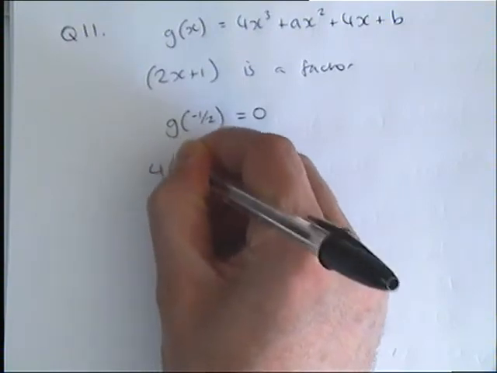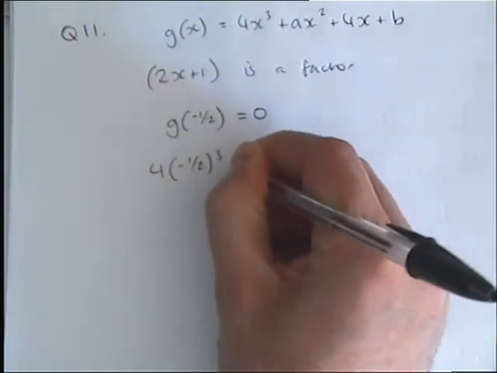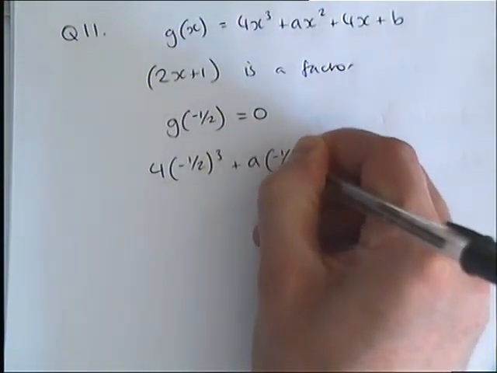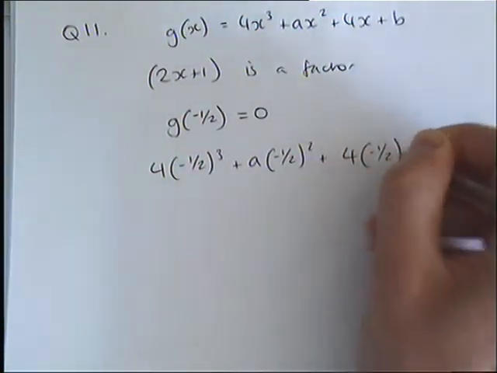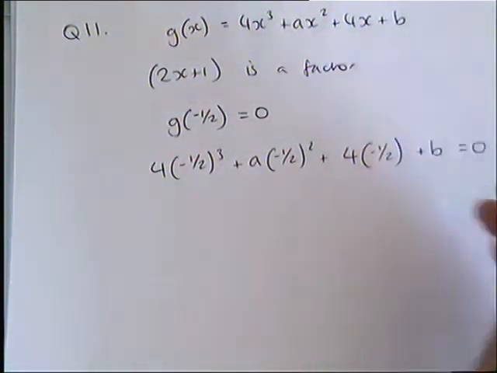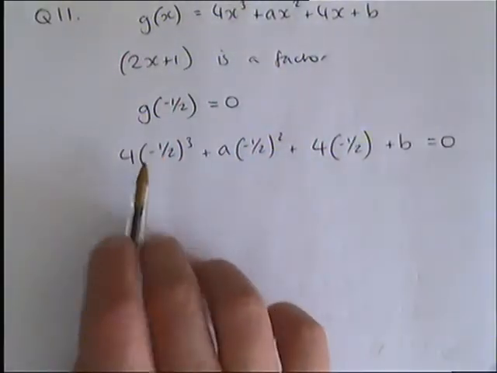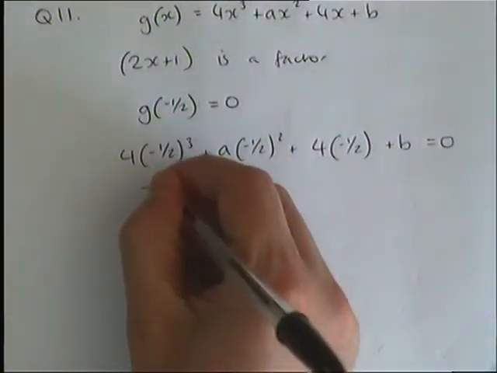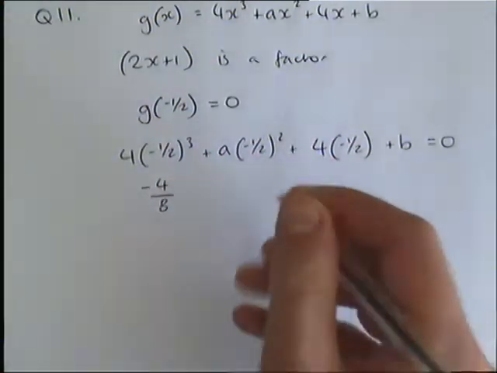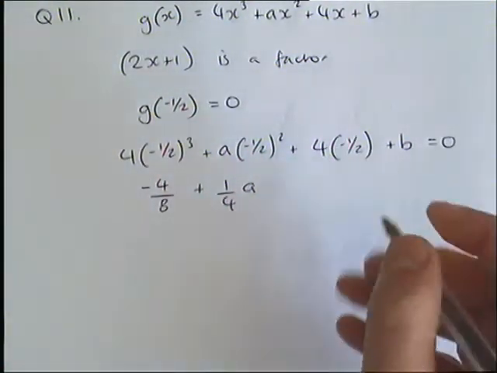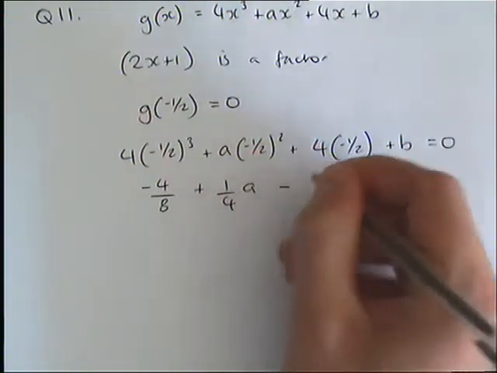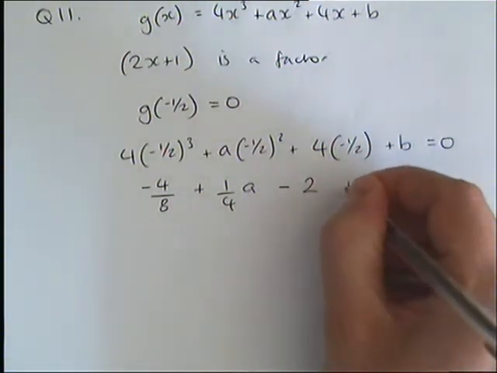4 lots of minus a half cubed plus a, so that is minus 4/8, that's minus a half. This is a quarter of a, and that's minus 2.